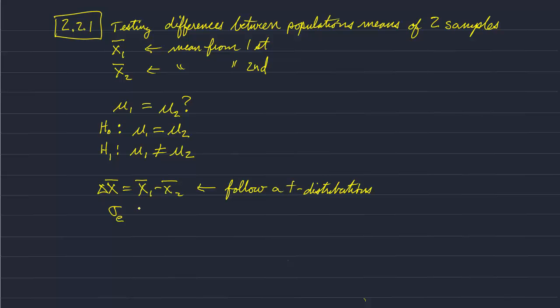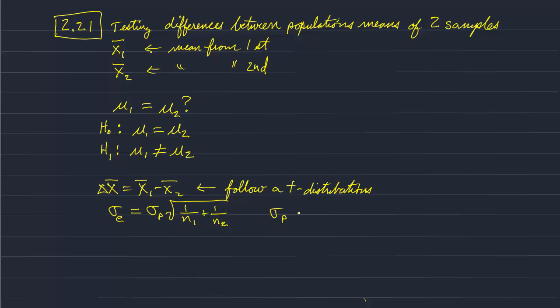This is the standard deviation of the difference in sample means, and that's equal to sigma sub p times the square root of 1 over the size of the first sample plus 1 over the size of the second sample.